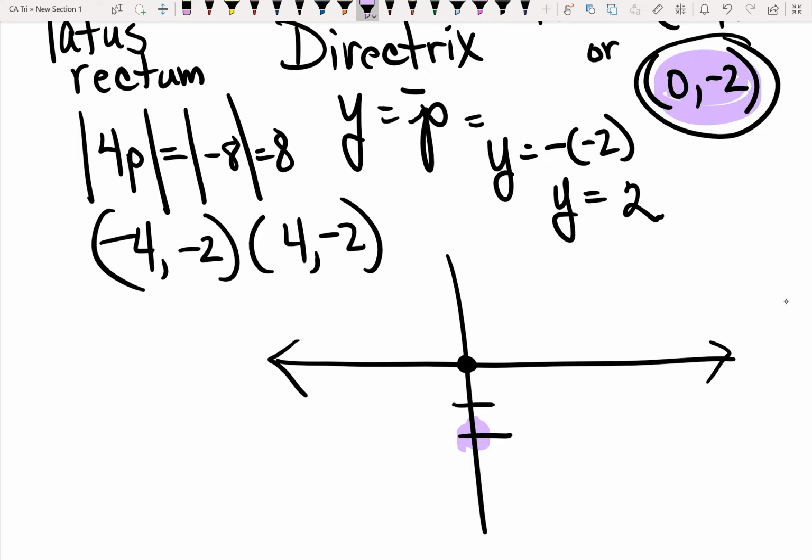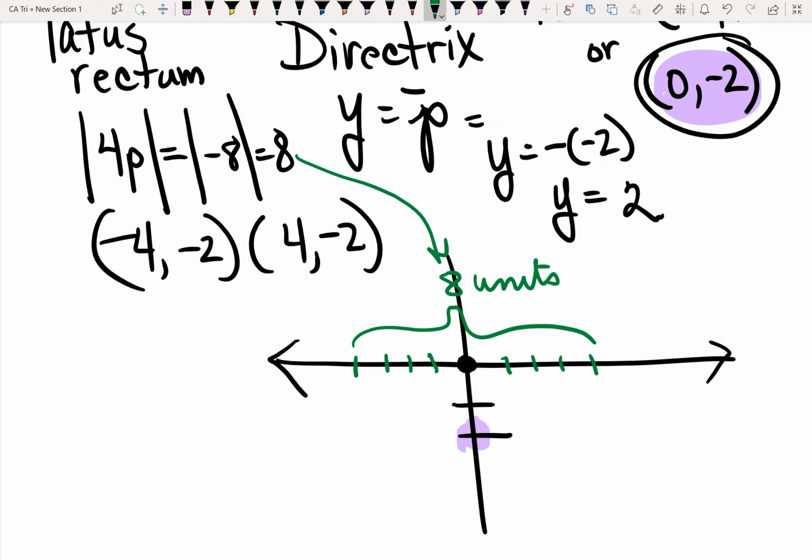Because we calculated it. Alright, we also know that we have endpoints. Since this has to be a distance of 8, we know that we have to go out 1, 2, 3, 4 to the negative 4, 1, 2, 3, 4 to the positive 4, a total distance of 8 units. Right, and that comes from that latus rectum.